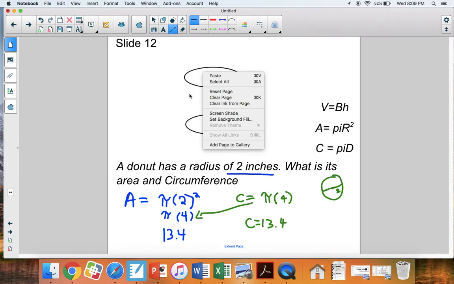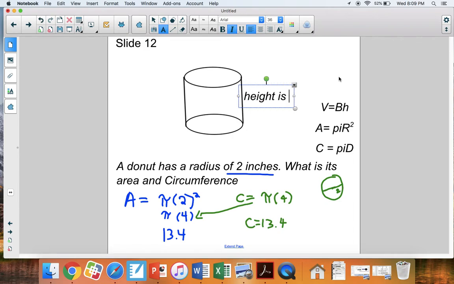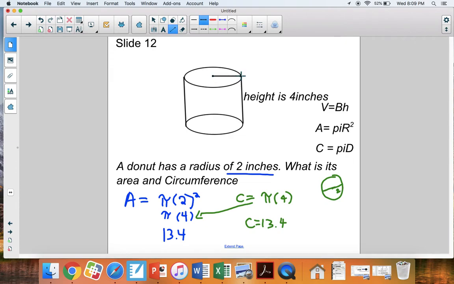And then we have to connect the sides to make a cylinder. Then I need to label that maybe my height is 4 inches. And we need to also make either the radius or the diameter. But in order to find area, I need the radius, so I'm going to choose radius. And I'm going to make my radius be 3.